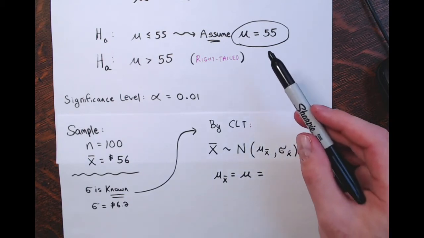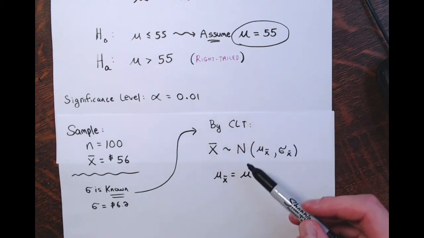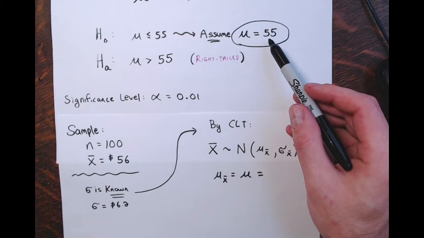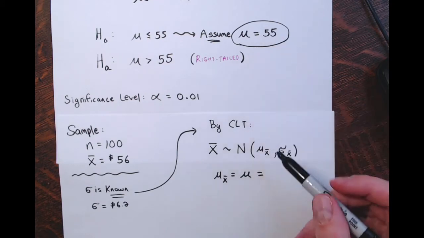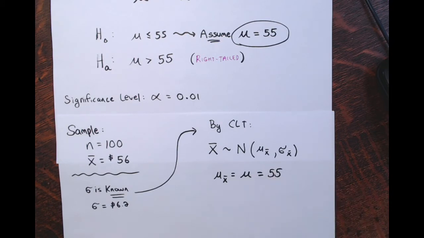And looking back, this is where the null hypothesis comes in. We are assuming the mean of the population is $55. Okay, so this is coming from the assumption in the null hypothesis.